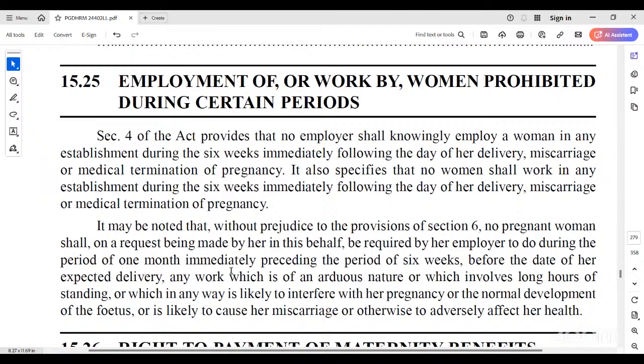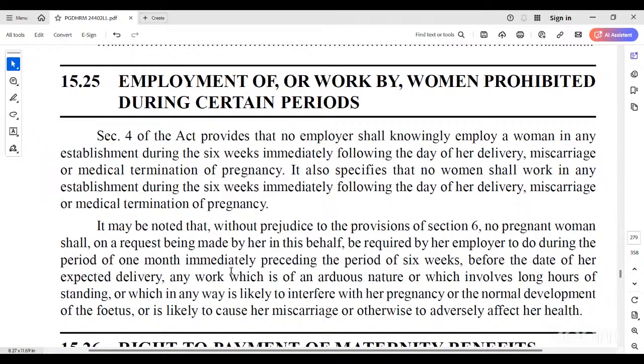It also specifies that no woman shall work in any establishment during the six weeks immediately following the day of her delivery, miscarriage, or medical termination of pregnancy. So six weeks are not allowed.